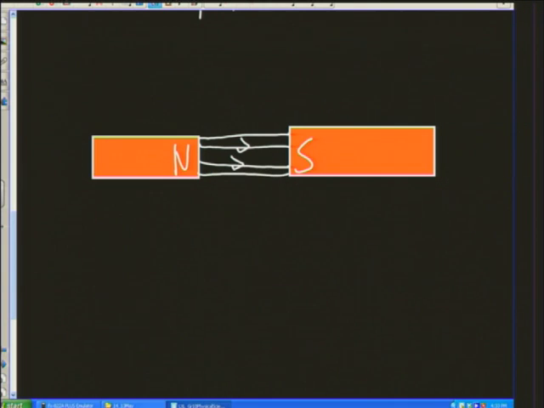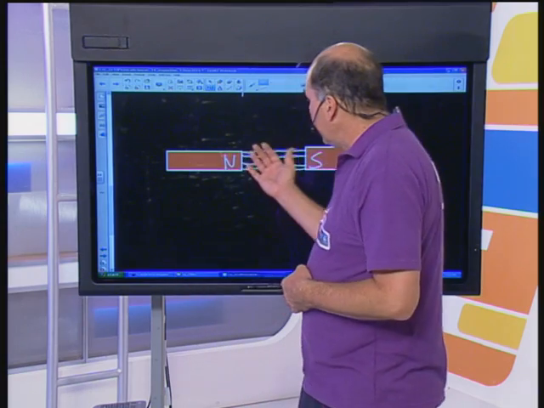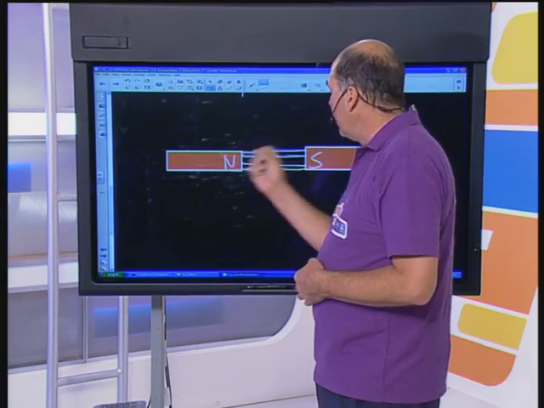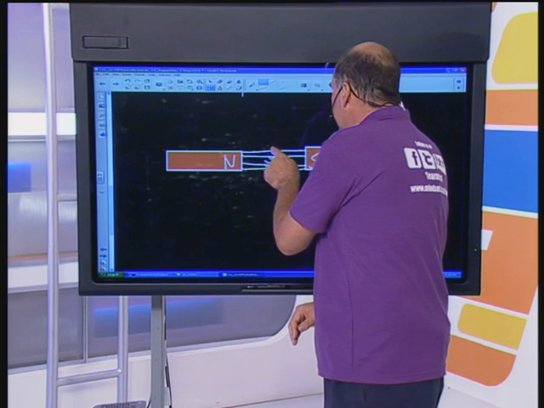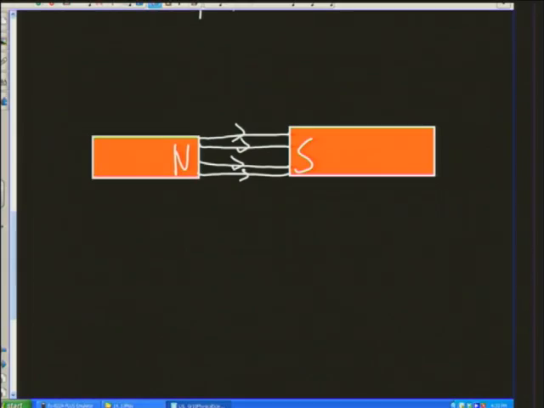They will touch the surface at 90 degrees. This is a very strong magnetic field and would cause the two magnets to pull towards each other. Doesn't matter if that was south and that was north, the field lines would be in the opposite direction, but it always runs from the north to the south. So we need to recognize the direction in which the compass needle will point. Always ask yourself that.